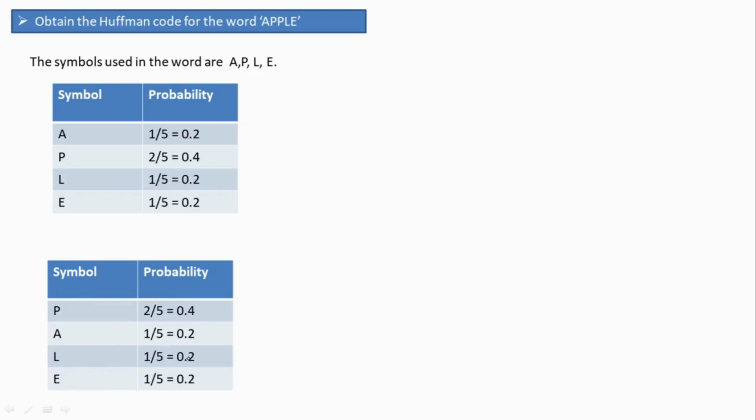You have to arrange all the symbols in descending order only. The least probability symbols have the highest number of bits, and the highest probability symbols have the least number of bits. So we should arrange all these symbols in descending order only, and we should not write in ascending order.